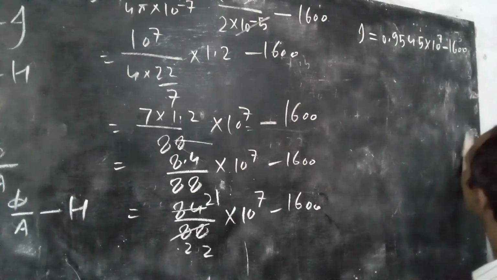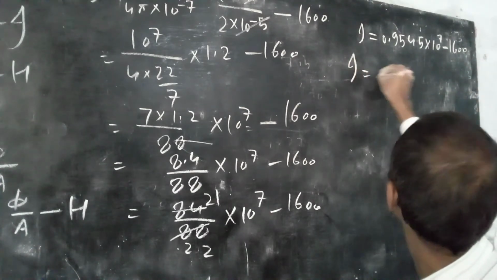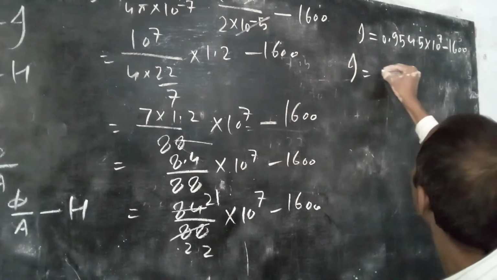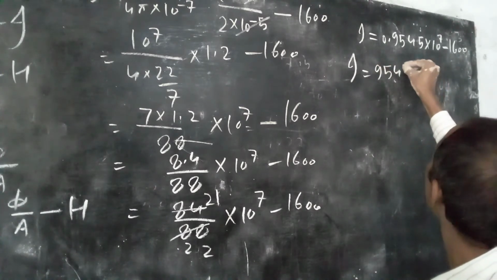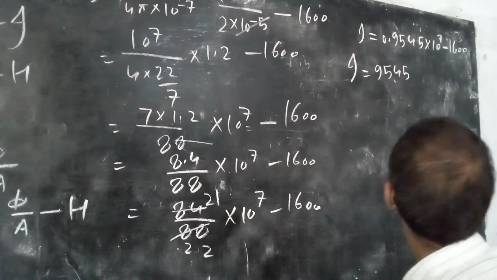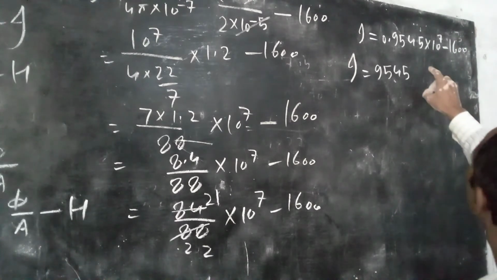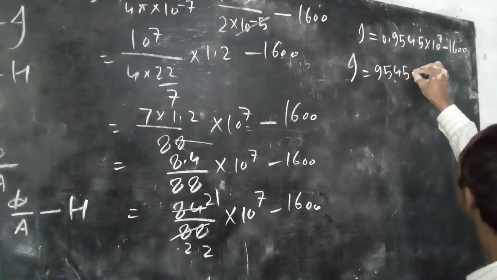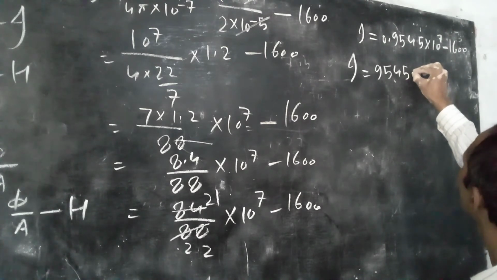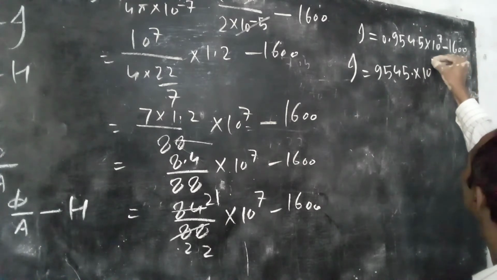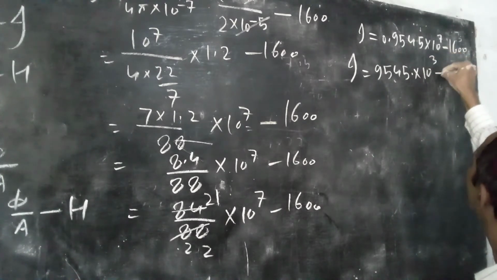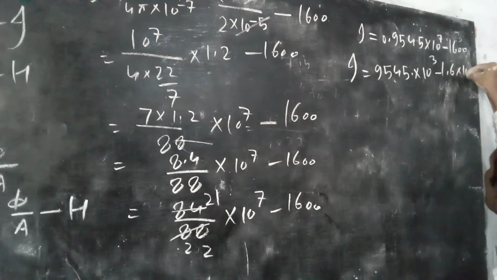Okay. So now multiply. So you get 9545 point into 10 raised power 3, minus 1.6 into 10 raised power 3.